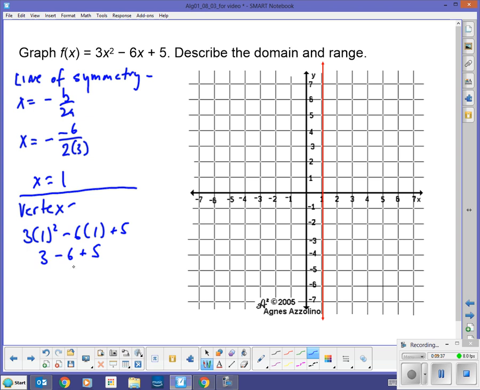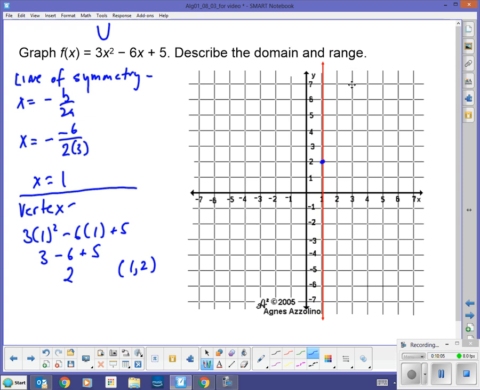So 3 minus 6 is negative 3. Negative 3 plus 5 is 2. So my vertex is at 1, 2. And according to the original, this is a positive parabola, so this is going to be a minimum, right? This is a minimum.